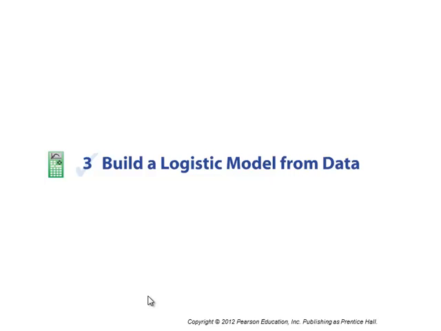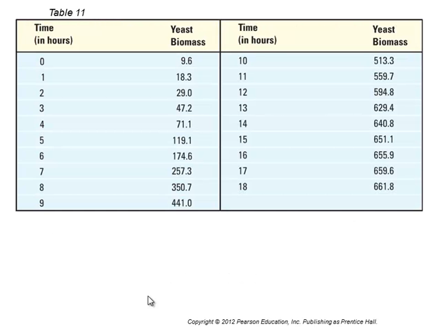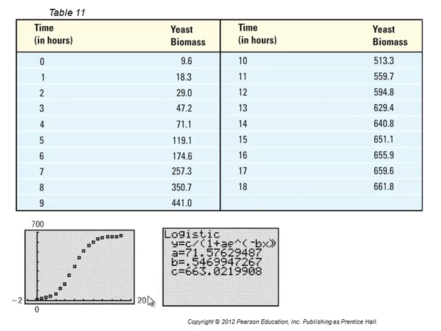Okay, now lastly our logistic model. I'm not going to show you the keystrokes on the calculator. I'm just going to briefly go through this. If you repeat the steps that we just did by inputting the data, but this time when you do regression, you'll use the logistic regression. So you create the scatter plot for the data, do the logistic regression to get the equation in this form right here.